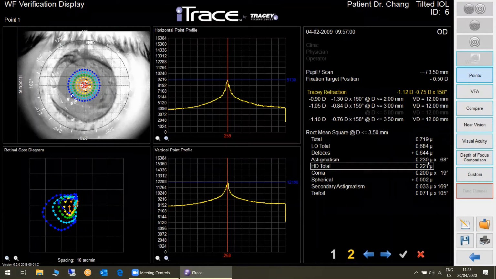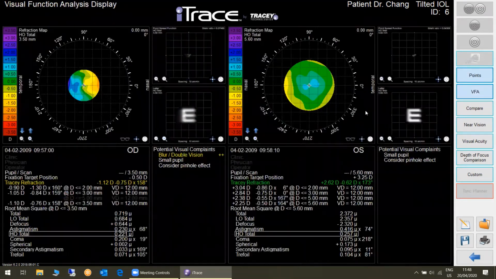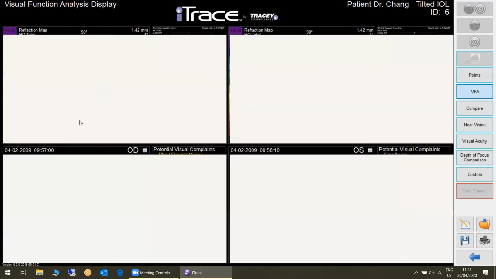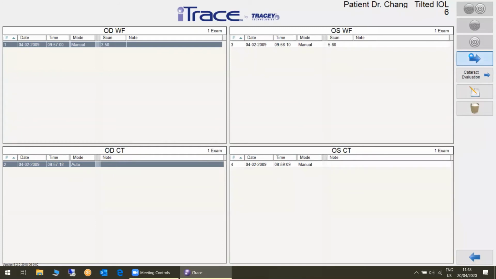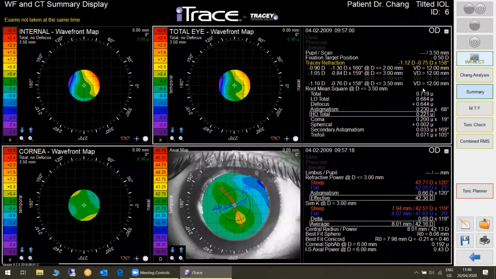We have a 0.22, which is not as high, but 90% is coma, and it's yellow. It means there is double vision. And you can see here, this is high and this is low. Okay, so where does the tilt come from? And we see here, those two images are the same.